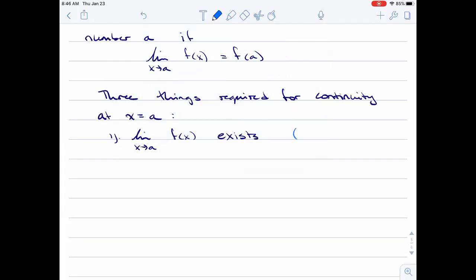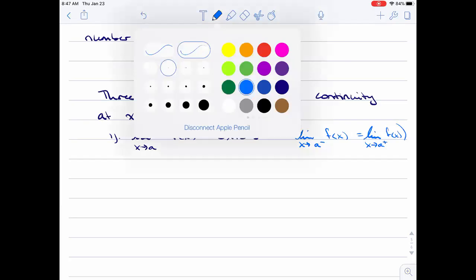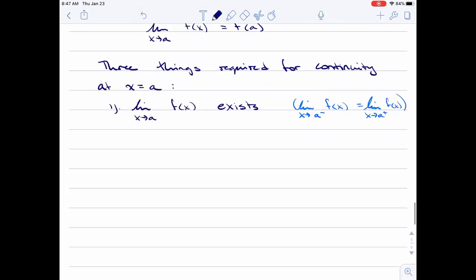You can check this by checking that the limit as x approaches a from the left of f of x equals the limit as x approaches a from the right of f of x. That's how we know a limit exists, because the left-hand limit equals the right-hand limit. The second thing, well, a has to be in the domain of f. So a is in the domain of f.